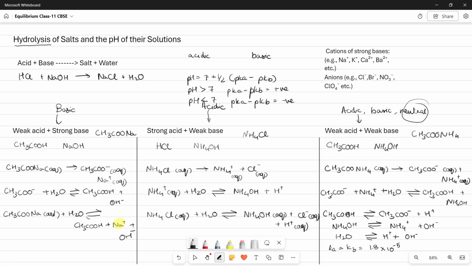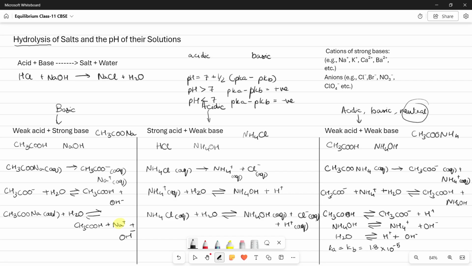Let's recap the examples. First, when you have a strong acid and a strong base, a neutral salt is formed, like sodium chloride, which does not undergo hydrolysis. Hydrolysis is a process where a cation or an anion interacts with the water molecule, making a solution acidic or basic.